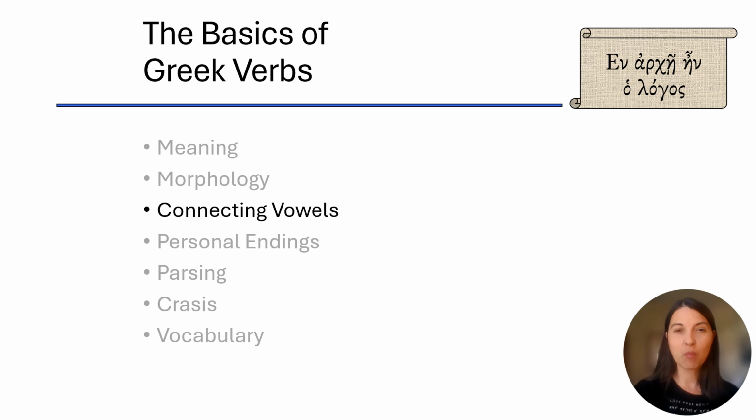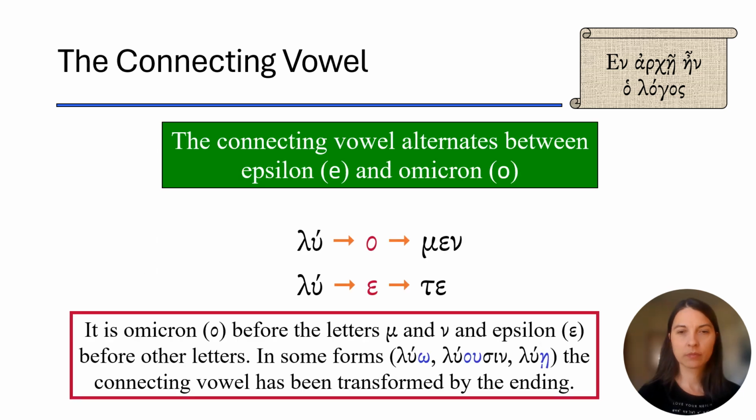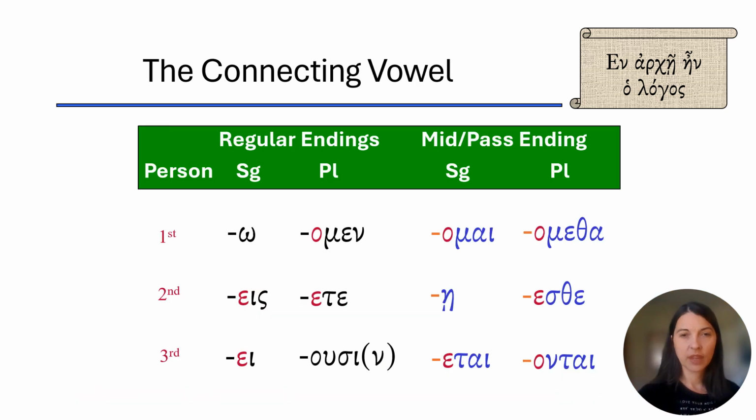So let's talk a little bit more about connecting vowels. The connecting vowel will alternate between epsilon and omicron. You'll have an omicron before the letters mu and nu, and an epsilon before other letters. So in some forms, like luo, luosine, lue, the connecting vowel is being transformed by that ending. Here you can see those connecting vowels in red.